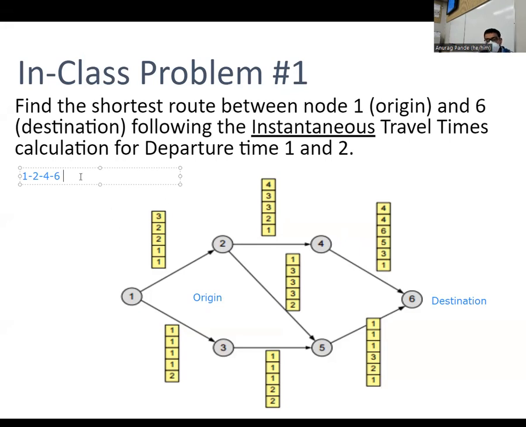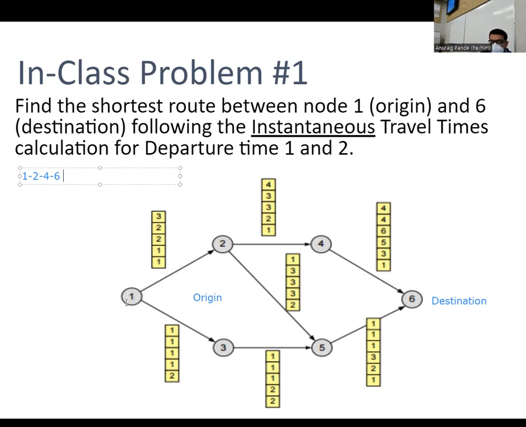So if I'm doing instantaneous travel time, I'm just going to look at t equal to 1. I look at all of those things at t equal to 1. So how much travel time would it take me to get to node 6 based on instantaneous travel time calculations? So I don't worry about updating my travel time at each individual node anymore. I just look at, okay, t equal to 1.